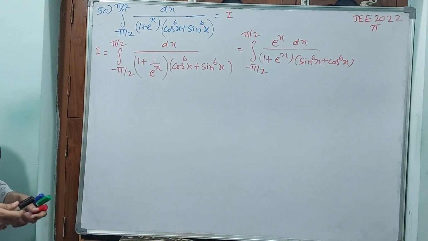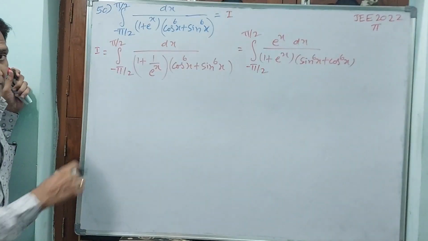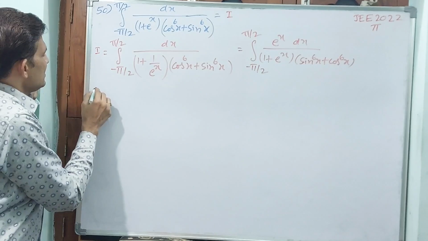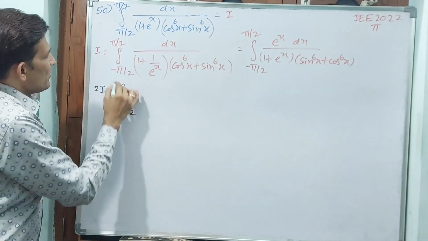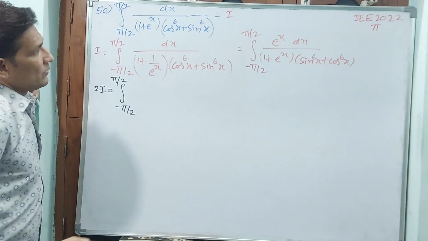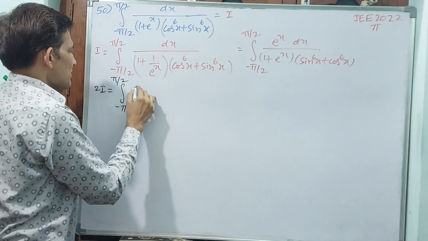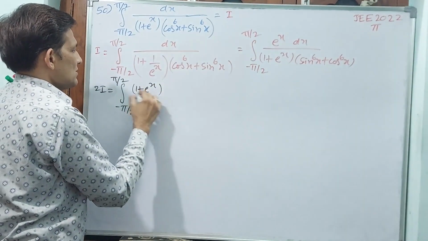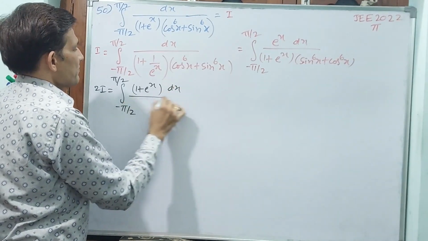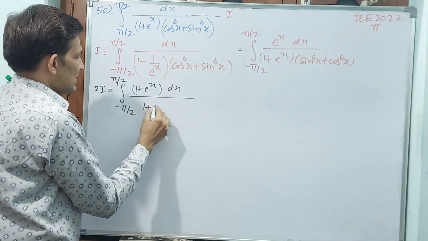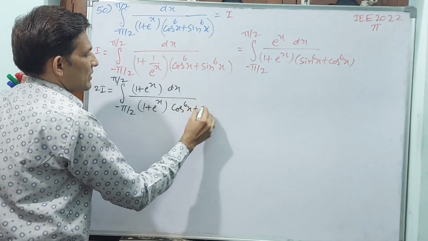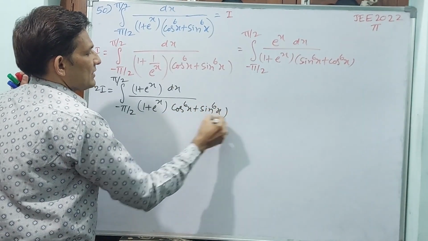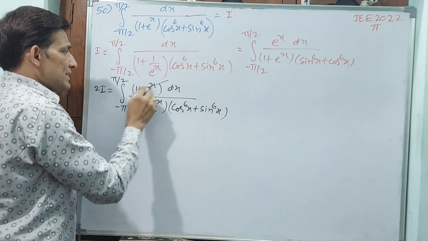Now see, this is also I. Then I am adding both. 2I is equal to minus pi by 2 to plus pi by 2. See here 1, here e power x, 1 plus e power x, dx by (1 plus e power x) into (cos to the power of 6x plus sin to the power of 6x). Okay. Now you cancel these two.